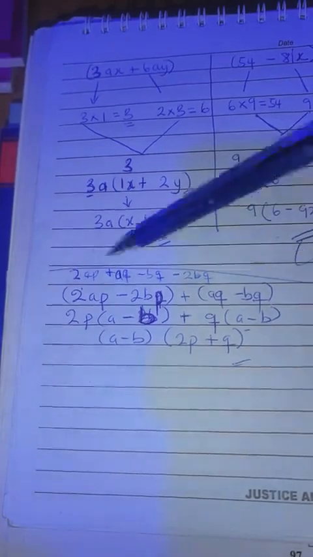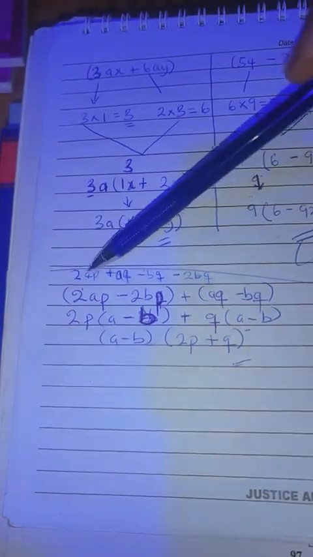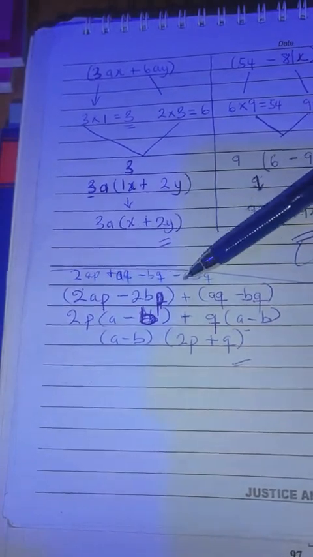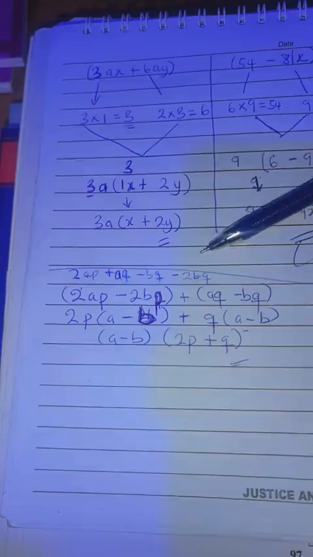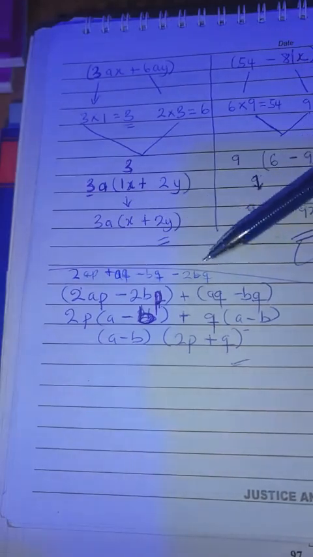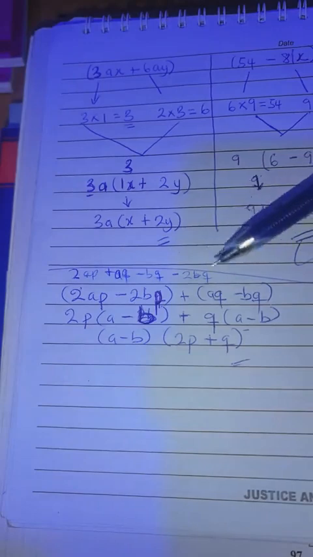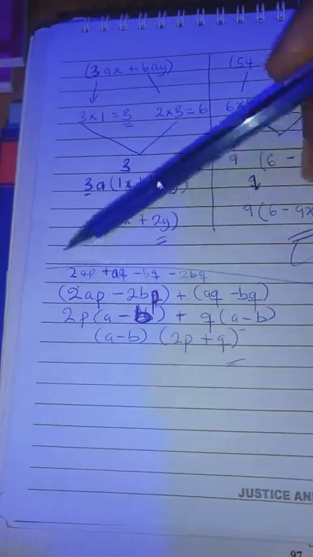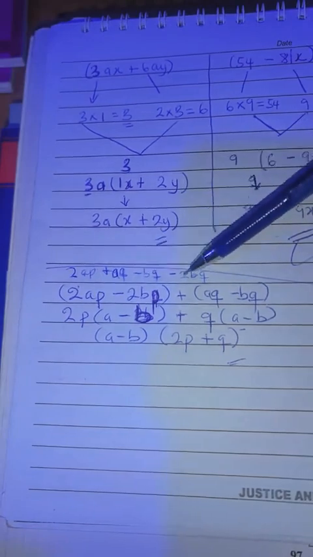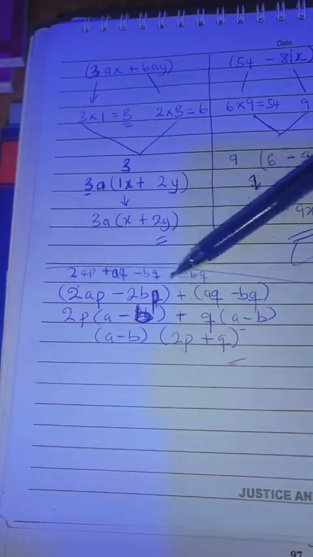It's the same expression that you were given, 2AP plus AQ minus BQ minus 2BQ. Now, in their example, we grouped the items the way we were given, following the orthodox way. So we grouped the first two terms and then these two terms. Now you remember the reason why, how we dealt with the negatives, right?